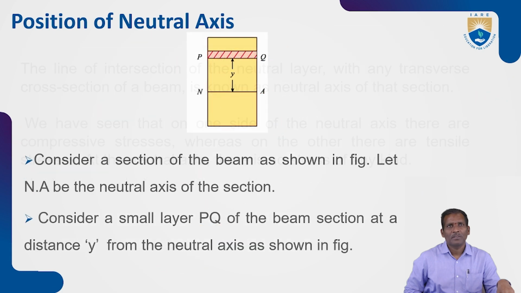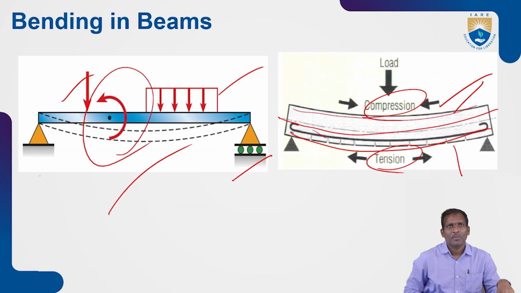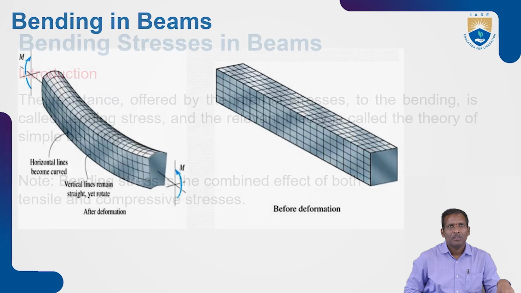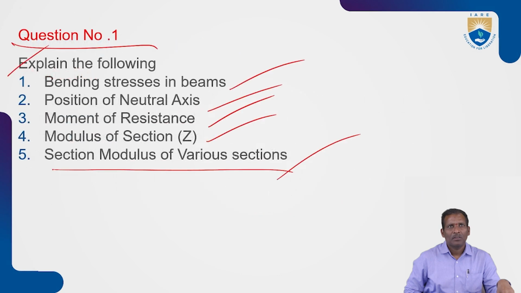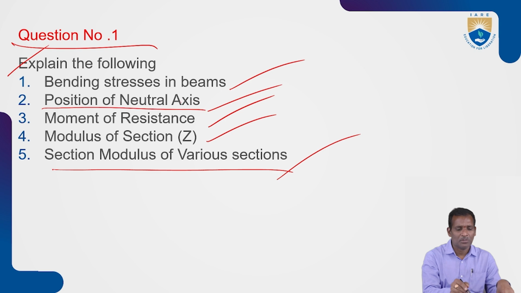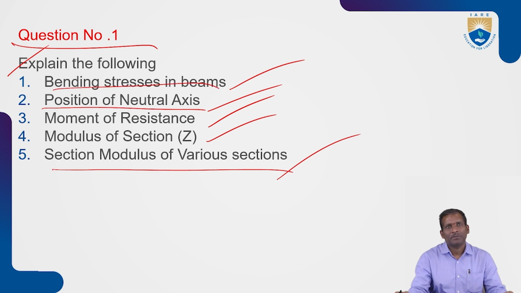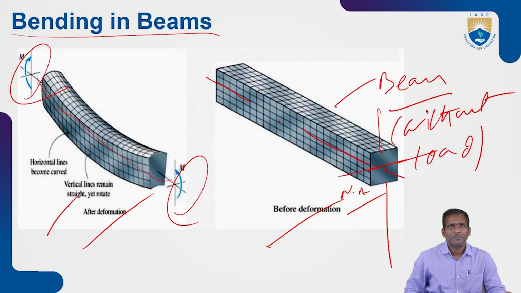So the third one. Bending stresses in beams are completed, and the position of the neutral axis we have also discussed. The third one is moment of resistance. So what is this moment of resistance?